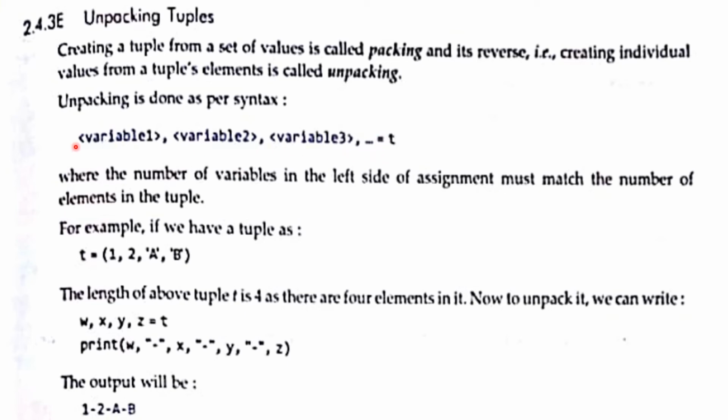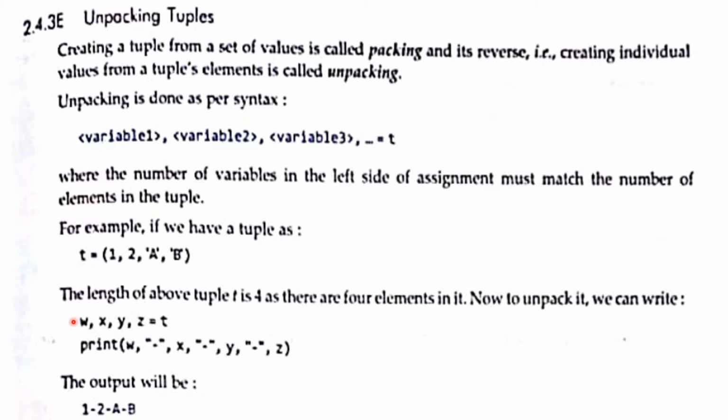See the example, where you can see variable 1, variable 2 and variable 3. The number of variables on the left side of the assignment must match the number of elements in the tuple. So if the tuple contains 4 elements, those 4 elements should be matched by 4 variables on the left hand side.